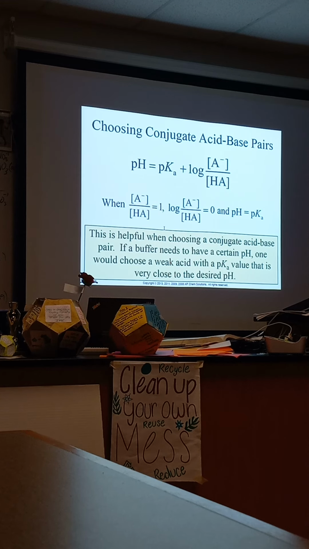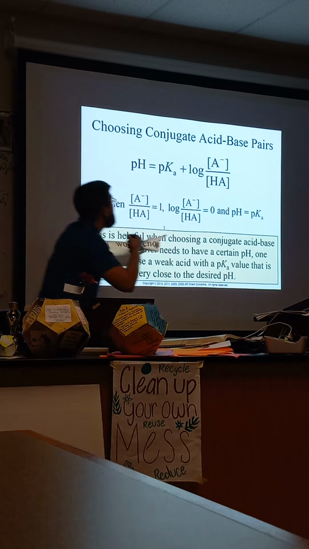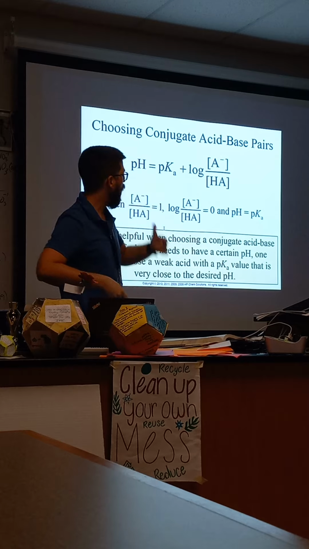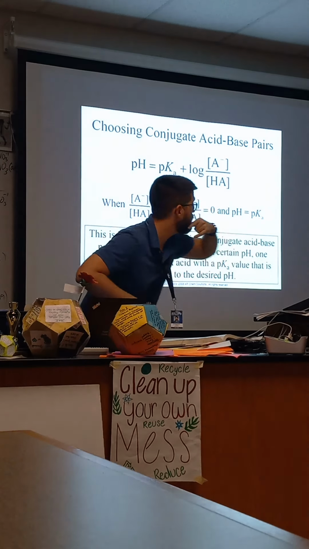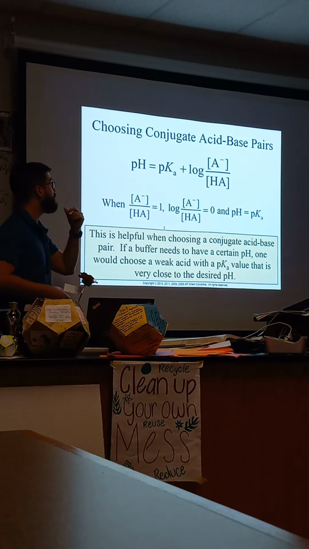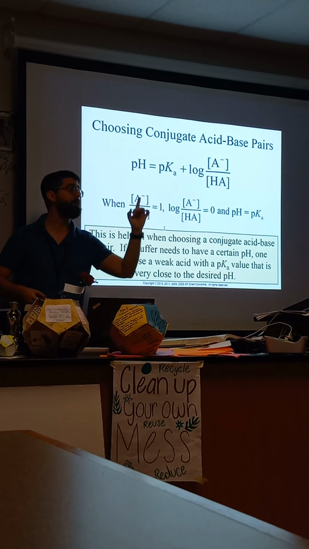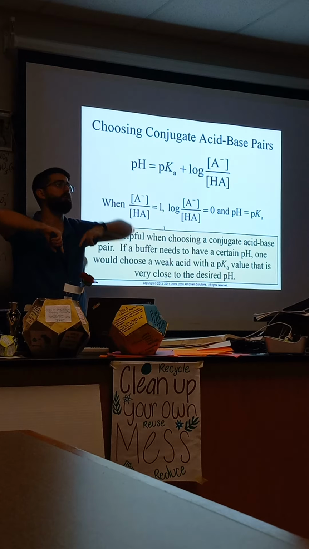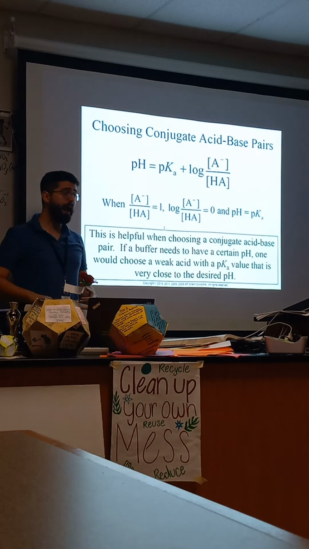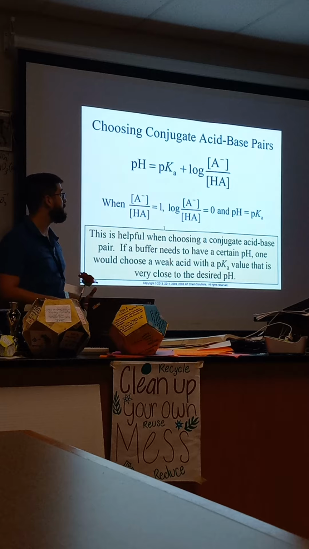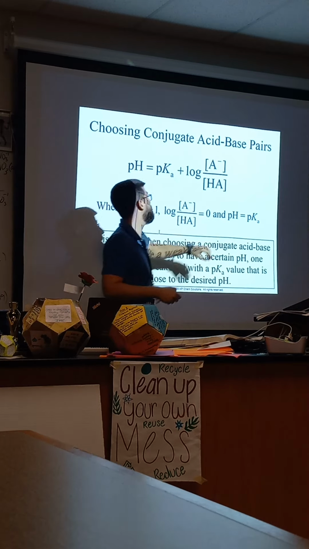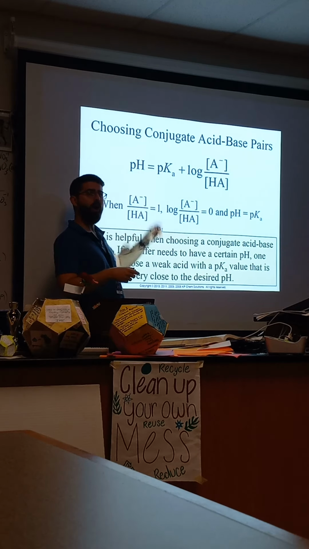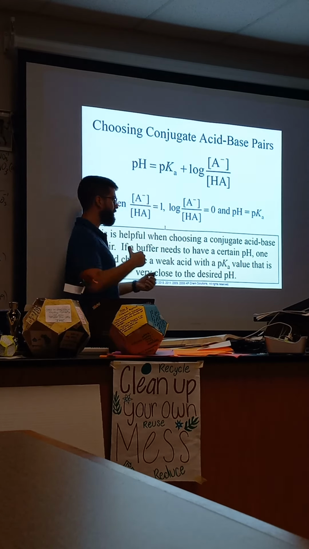So if log of 1 is 0, and you have the same concentration of this and this, guys, what's 5 divided by 5? 1. And what's the log of 1? 0. So if you have the conjugates of each other at the same concentration in your buffer, then as far as your math, it's really nice and easy, because if this whole thing is 0, then pH equals pKa.